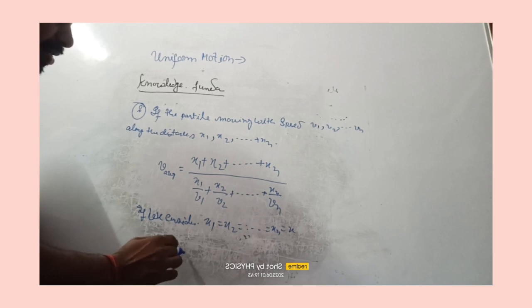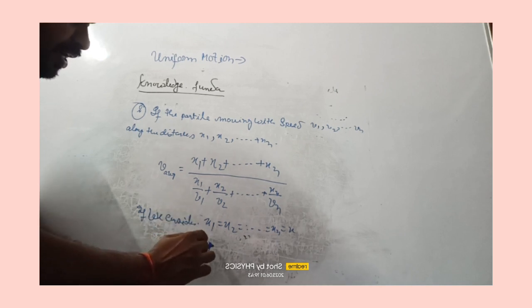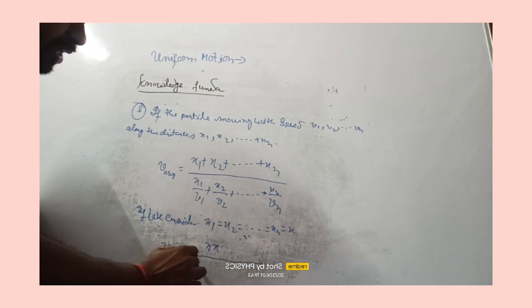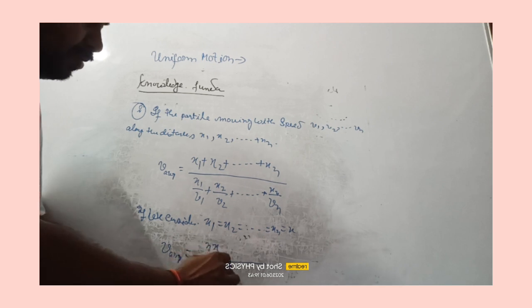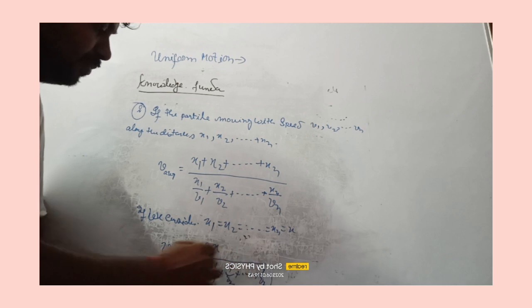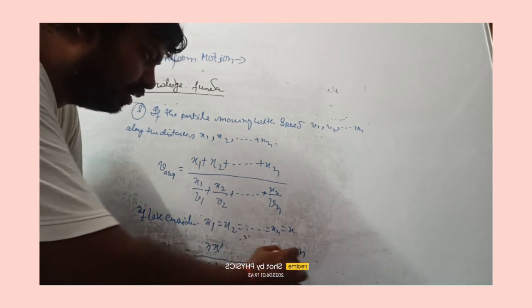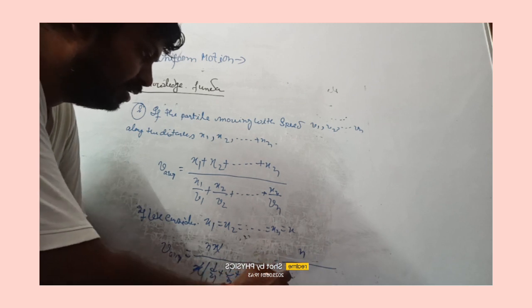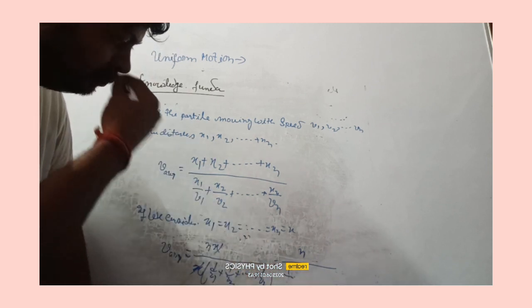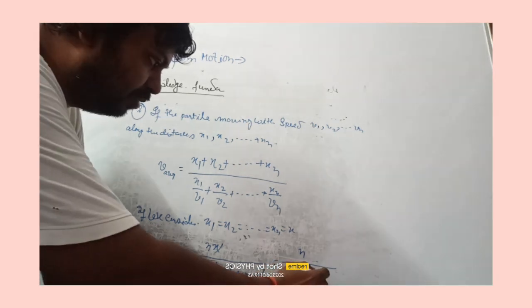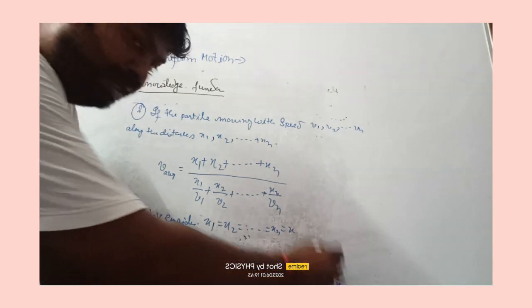When there are n number of paths and we take x common, V average equals n by x into (1 by v1 plus 1 by v2 plus dot dot dot 1 by vn). So x cancels out, we have n divided by (1 by v1 plus 1 by v2 plus dot dot dot 1 by vn).